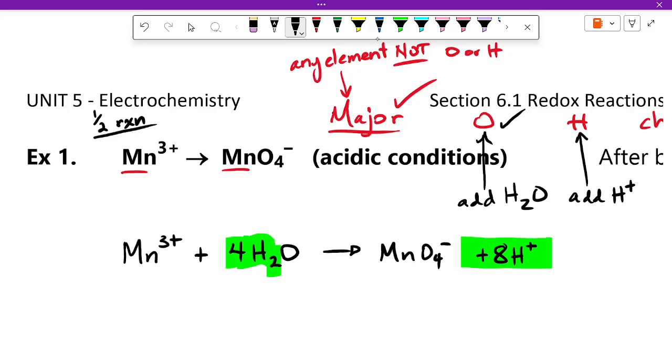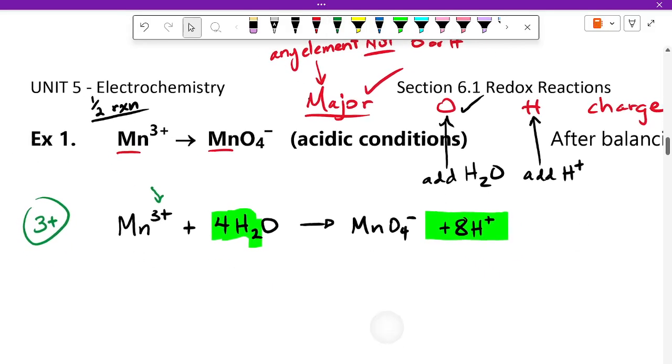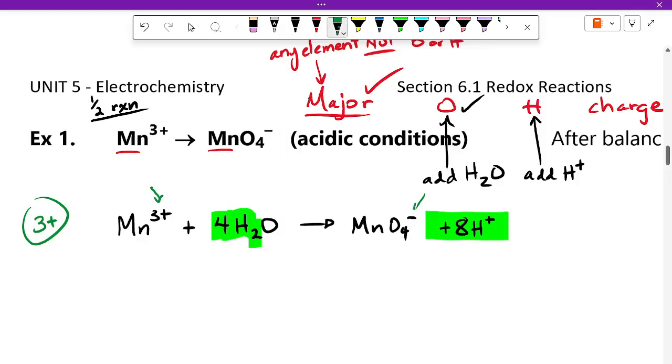Over on my left, I've just got a 3+ here, so I'm going to write 3+ and put it in a little circle. That way I know I've got 3+ in my reactants. In my products, I've got a -1 and I've got a +8. And when I add those two together, I get +7.